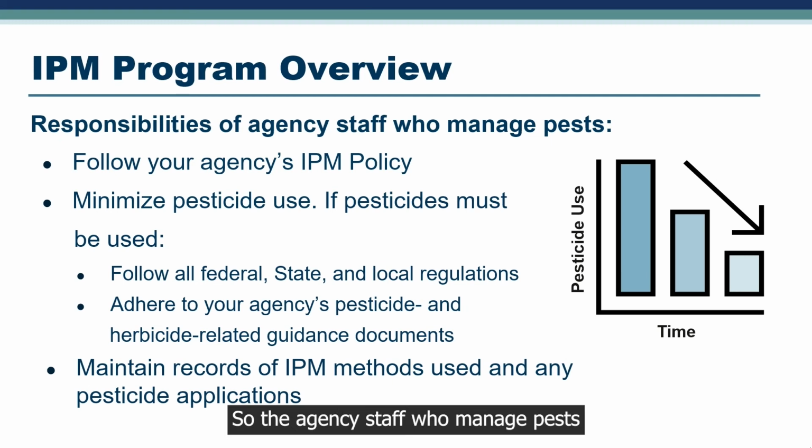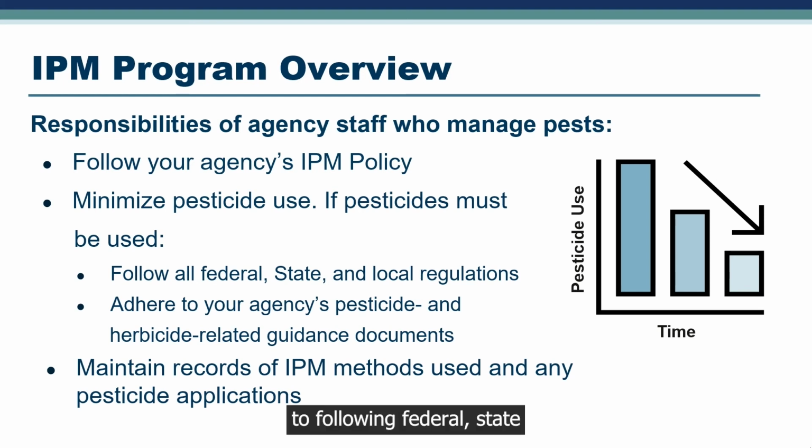So the agency staff who manage pests are going to follow the policy to minimize pesticide use. If pesticides must be used, follow all federal, state, and local regulations. Adhere to your agency's pesticide and herbicide related guidance documents and retain records of all the methods you used in any pesticide applications.